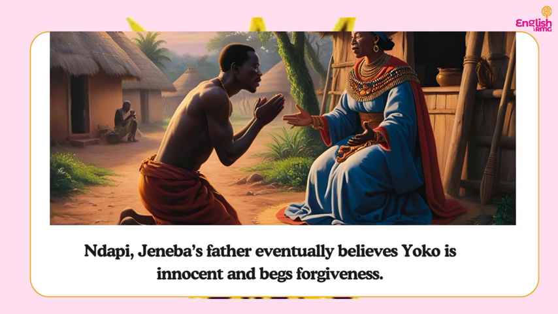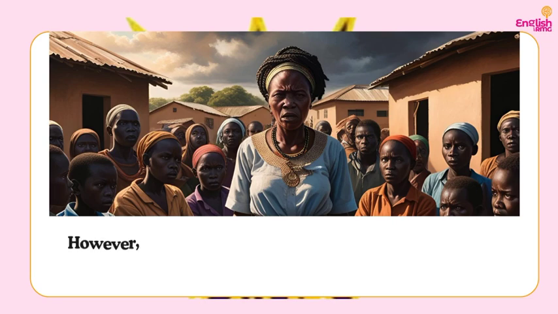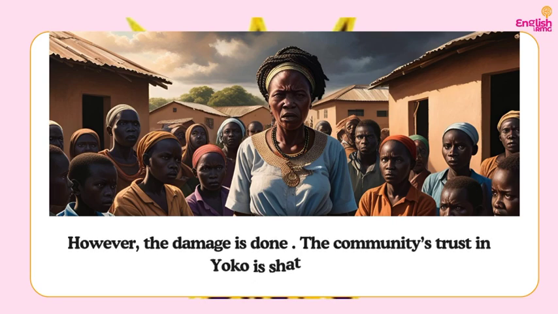Are you following? You would also remember that initially, Ndapi didn't even believe that Yoko killed his daughter. However, because Lamboy swore by a particular deity, one of the rituals that they observe in their society, this could also be said to be another abuse of power, abuse of spiritual power, because Lamboy had already bullied Musa into conspiring with him.